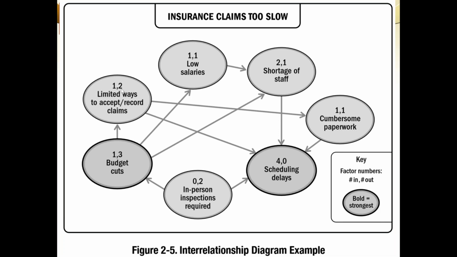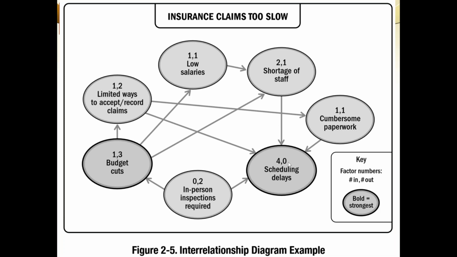For example, 1,2 means 1 arrow is getting in, and two arrows are getting out. You understand? In-person inspection is 0,2: no arrow is getting in, two arrows are getting out. So the highest number of arrows is easily understood to be scheduling delays. Four arrows are getting in.